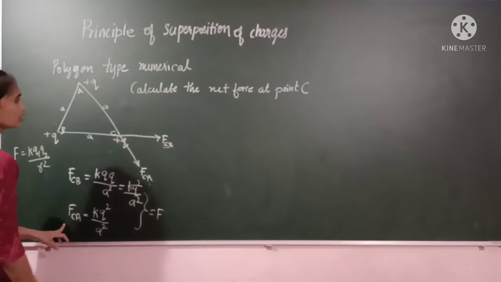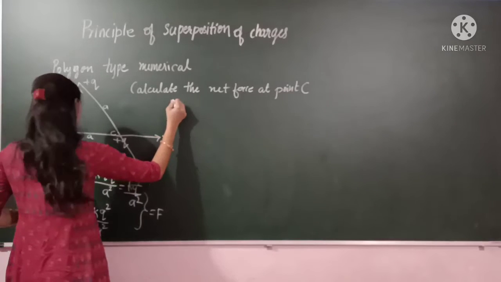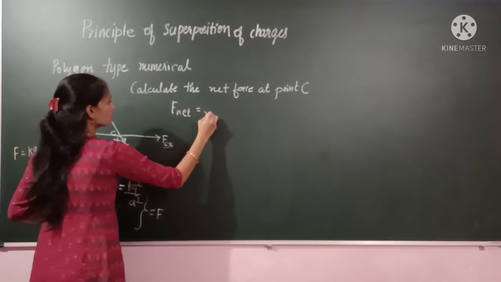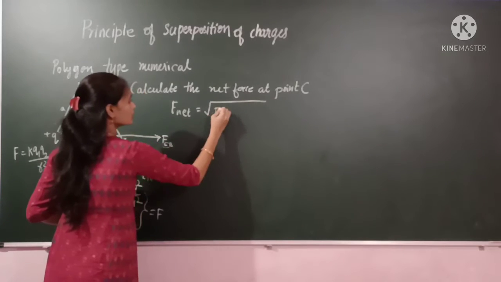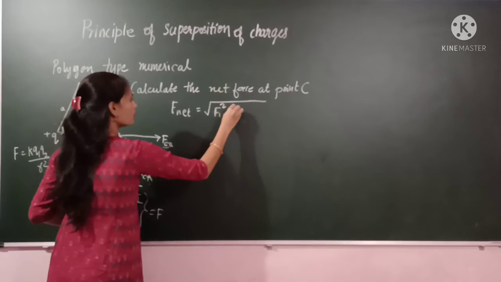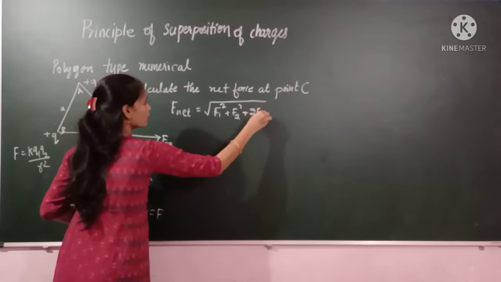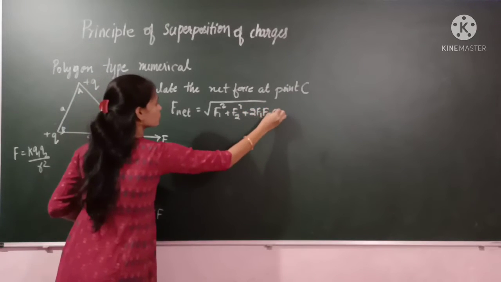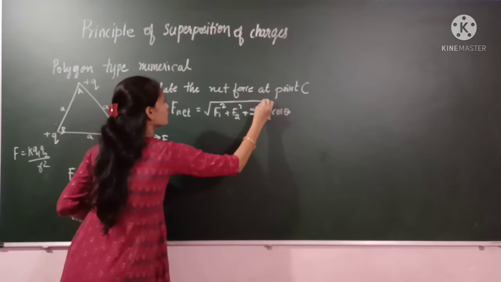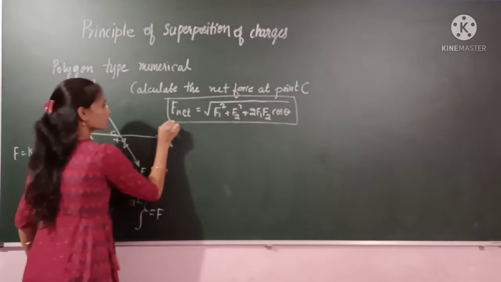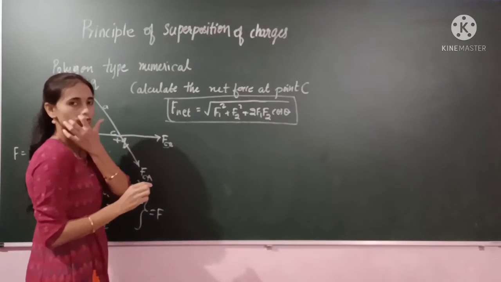Now how to calculate the resultant? If you want to calculate F net, what is our formula? In vector addition, what have we studied? Square root of F1 square plus F2 square plus 2 F1 F2 cos theta. This is our formula for adding two vectors.